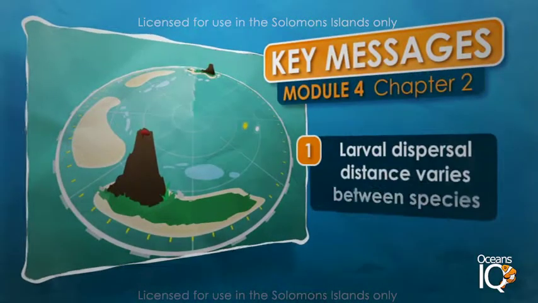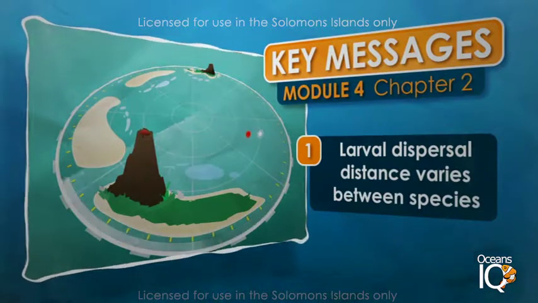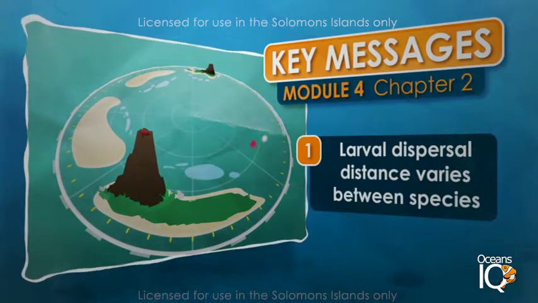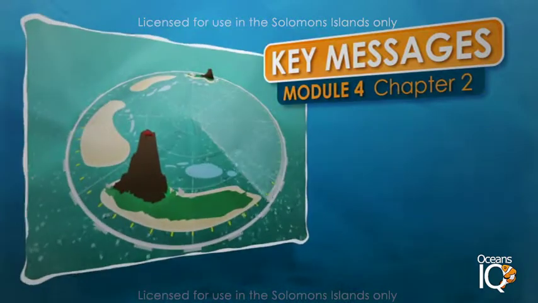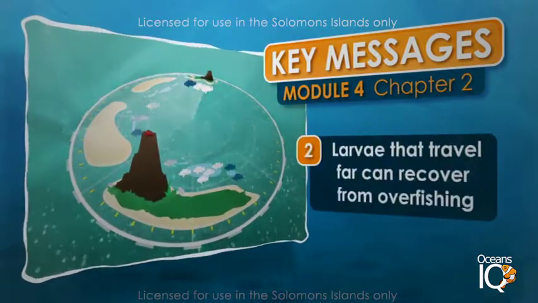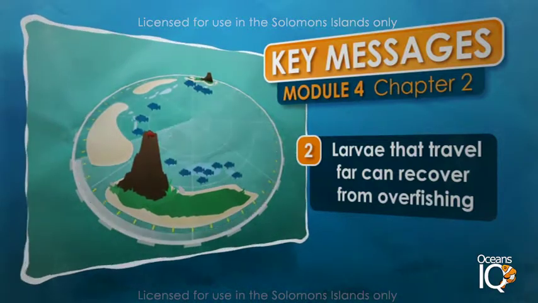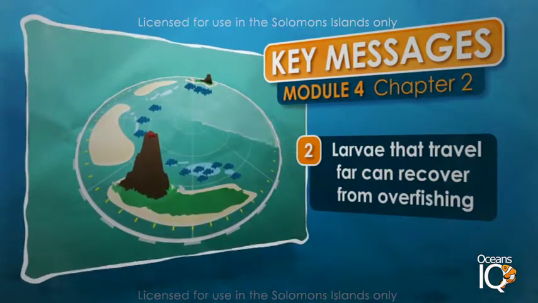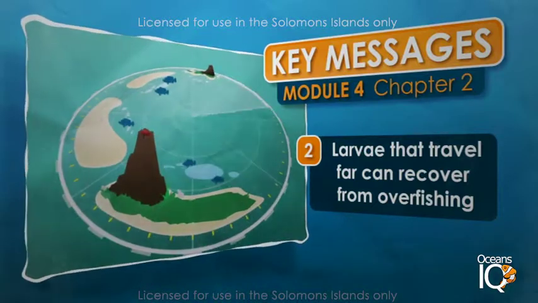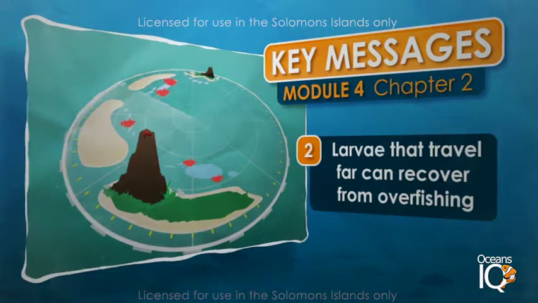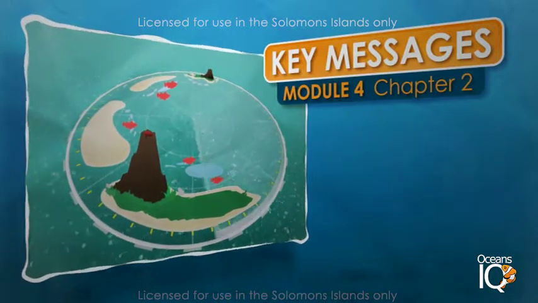So in summary, in this module, we learned that the larvae of different species naturally differ in the distance they can travel on ocean currents. We saw how species with larvae that can travel a long way have a better chance of recovering from overfishing. We also saw that this is only possible if there are places where overfishing has not occurred.